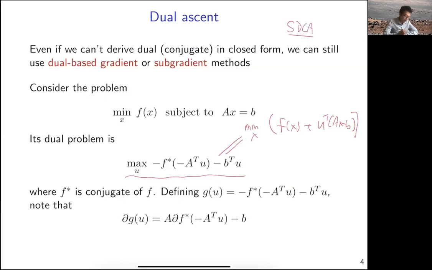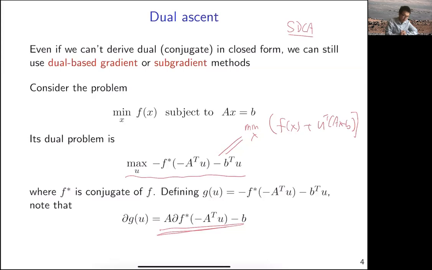Using the fact that the dual objective involves a linear term in u and the conjugate of f, we can calculate the gradient of this dual objective function and write it as follows. We just apply the subgradient calculus so that we get rid of this linear term, and then apply the composition of the function with the affine transformation.